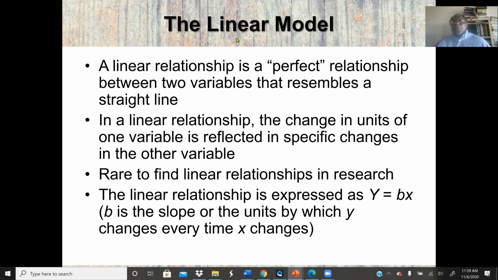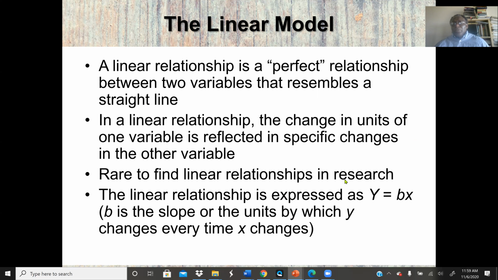So here we talk about a linear model for the regression. A linear relationship would be a perfect relationship between two variables that resembles a straight line. In a linear relationship, the change in units of one variable is reflected in specific changes in the other variable. And this is very rare to find in research.